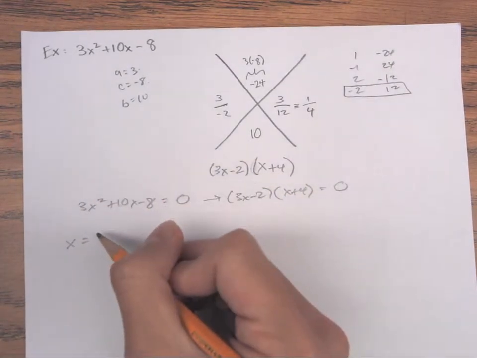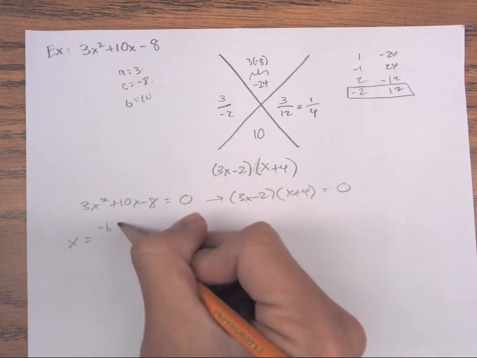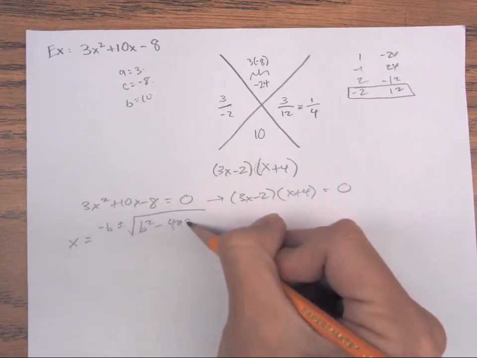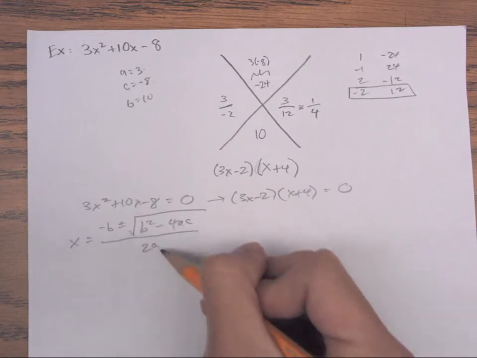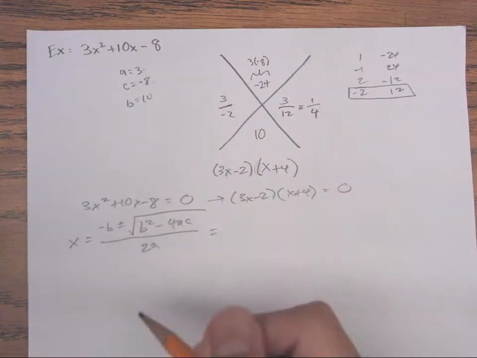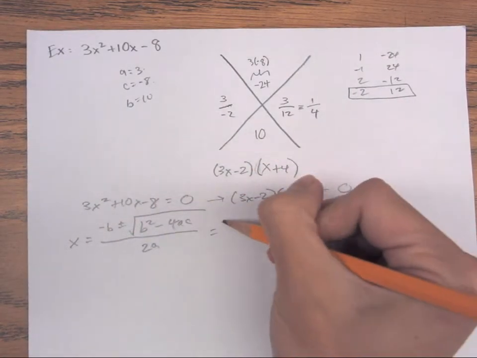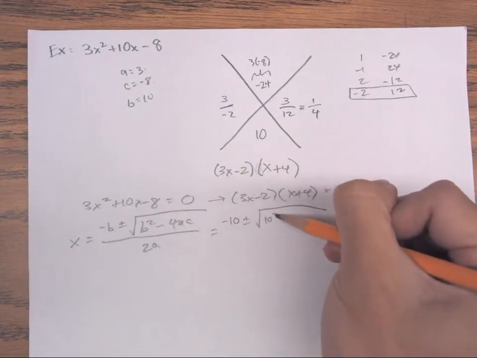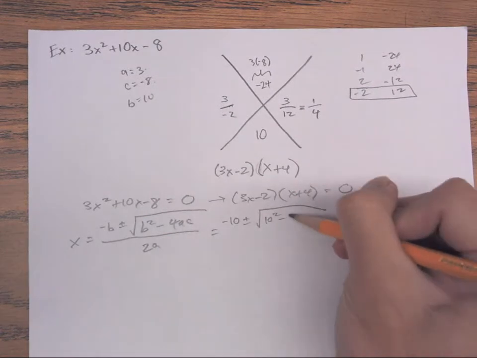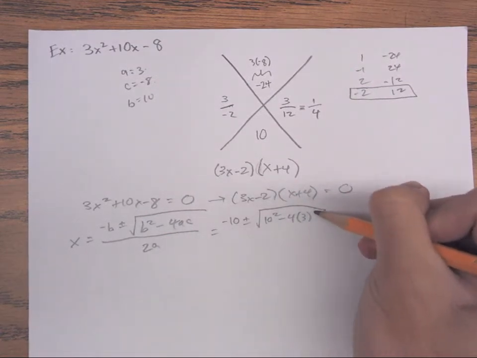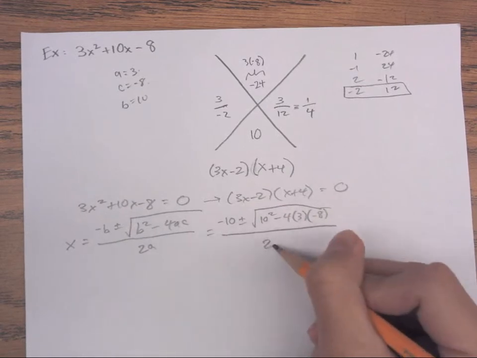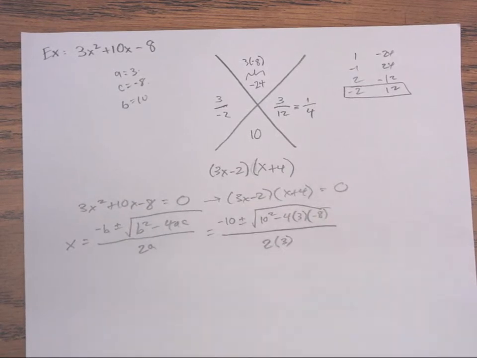-b plus or minus square root of b squared minus 4ac, all over 2a. So b is 10, plus or minus the square root of 10 squared minus 4ac, all over 2a.